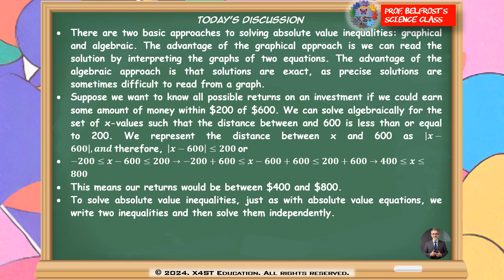So we can arrange the equation as shown: minus 200 is less than or equal to x minus 600, less than or equal to 200. And then we can solve and find that our return is between $400 and $800.